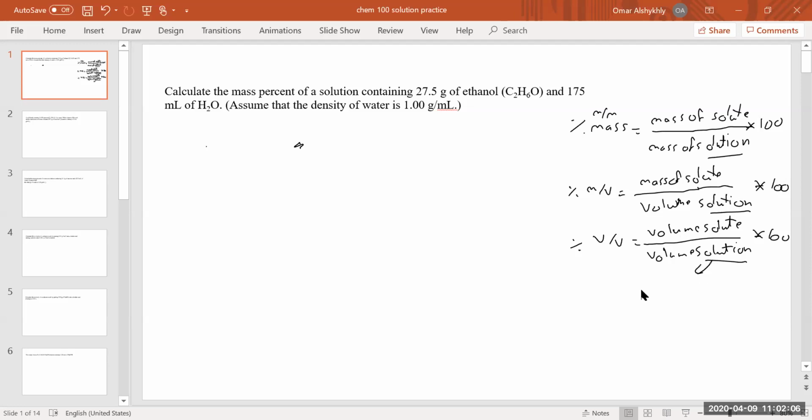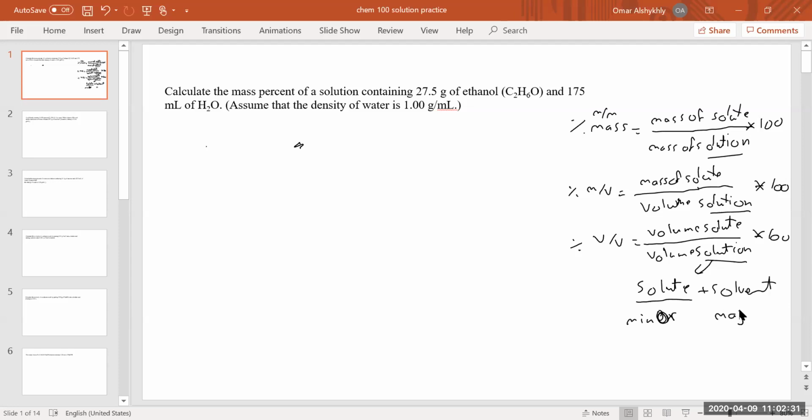Now, always here when we have a solution, what does that mean? Solution will be the solute plus solvent. So if you have a mass of solution, you will add the mass of solute plus the mass of solvent to get the mass of solution. Now, don't forget, solute is the minor compound.